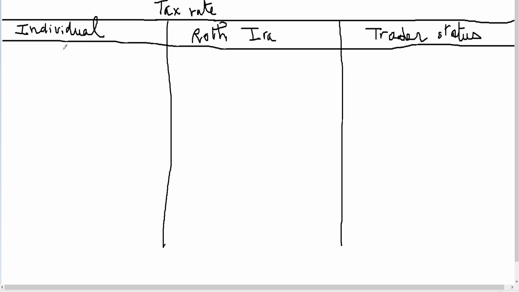Individual means when you go to apply, you will find an account called individual, and most of you, I think, are in this one. Even me, when I began, I was in this one. Let's say, after 1 year of trading, you get $10,000 of profits.